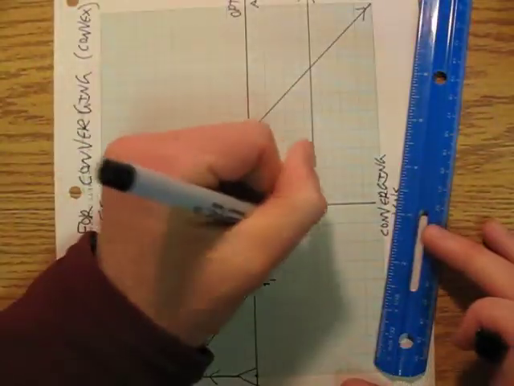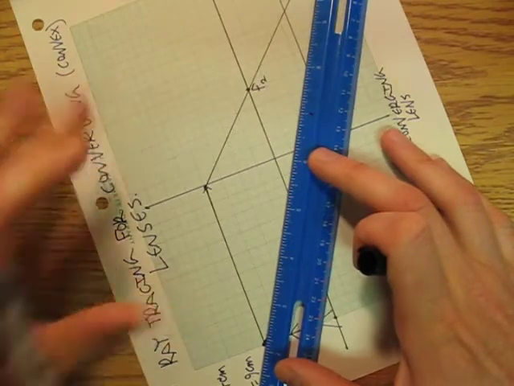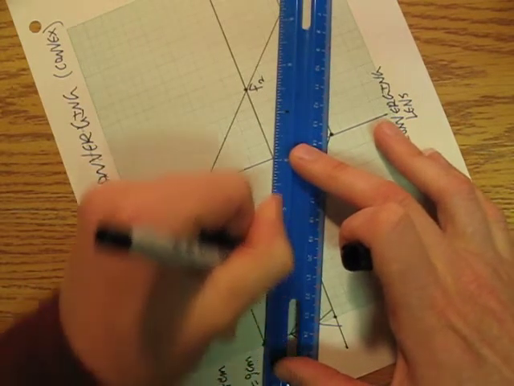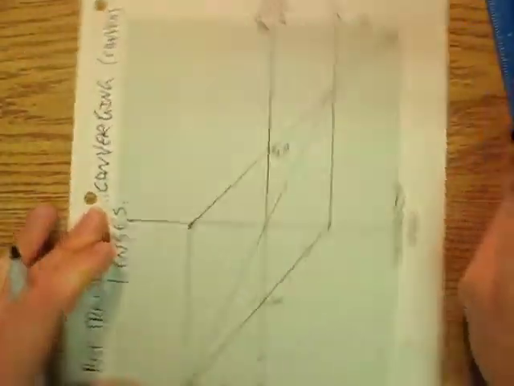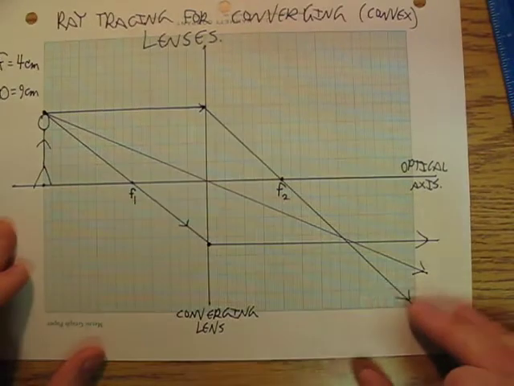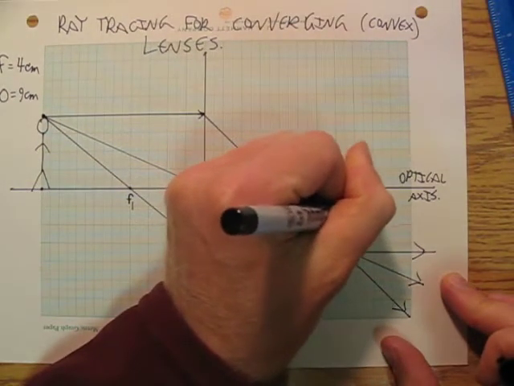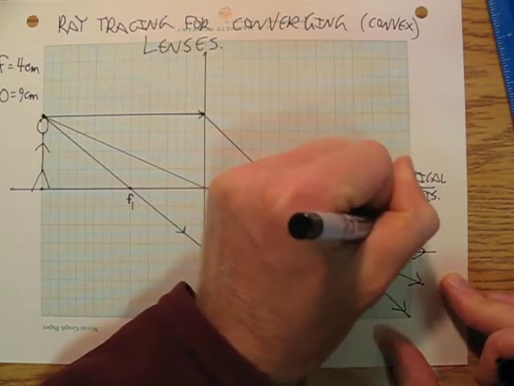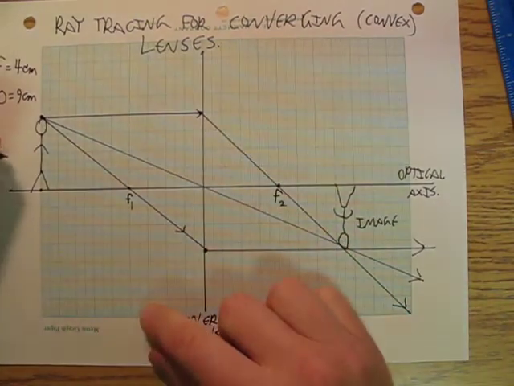And then we're going to have a ray of light that goes straight through the center of the lens, and if it goes straight through the center of the lens, it is going to just keep going straight. And so I'm going to have my image right there. This is my object.